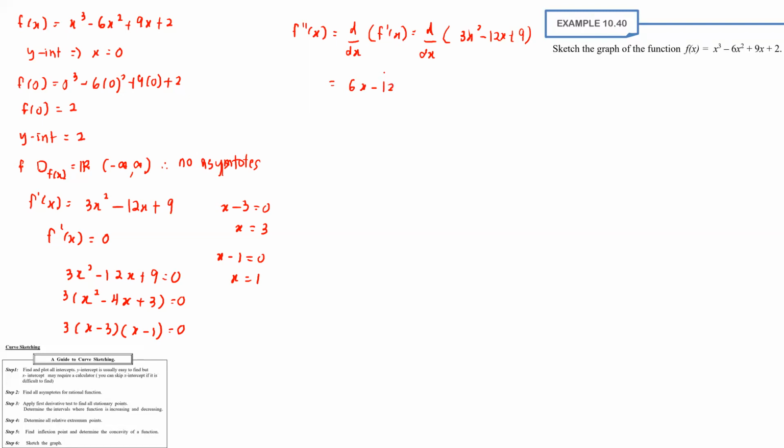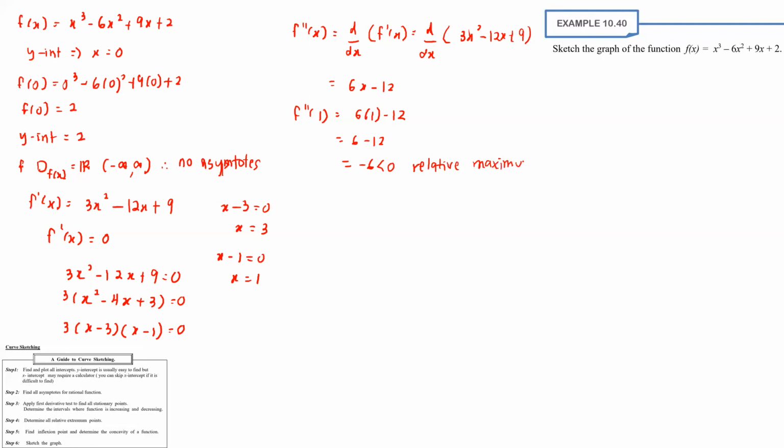Here, you have to substitute the x values from the first derivative into this function. So f double prime of 1 is equal to 6 times 1 minus 12, which is 6 minus 12 equal to negative 6. Negative 6 is less than 0, which means a negative sign, so automatically we know that this is a relative maximum point.